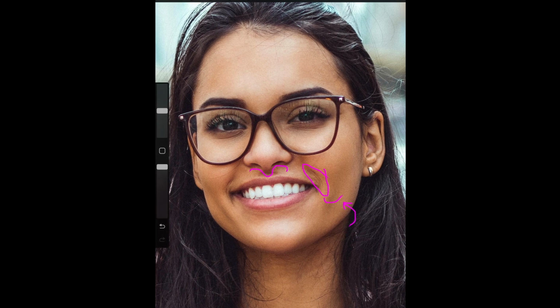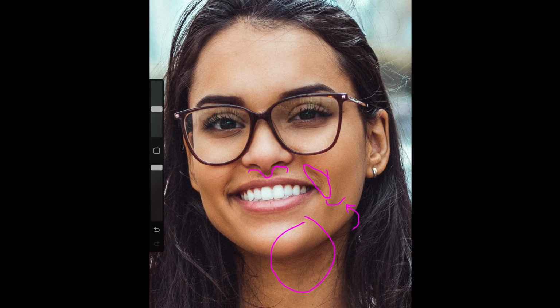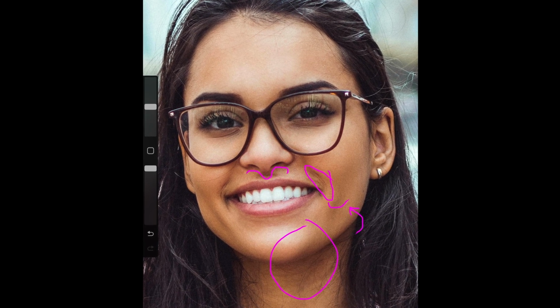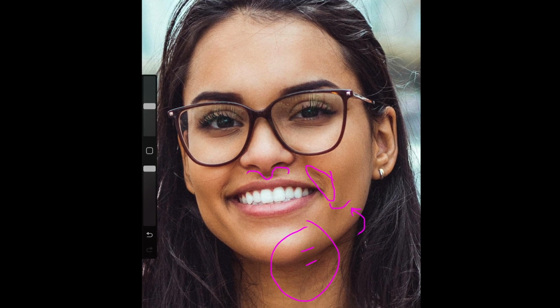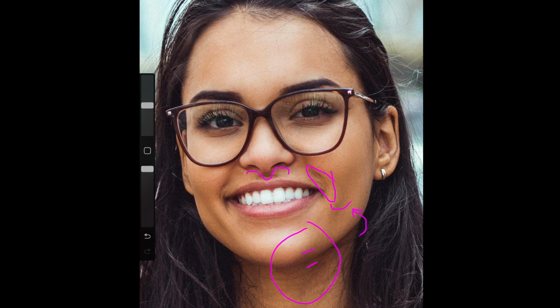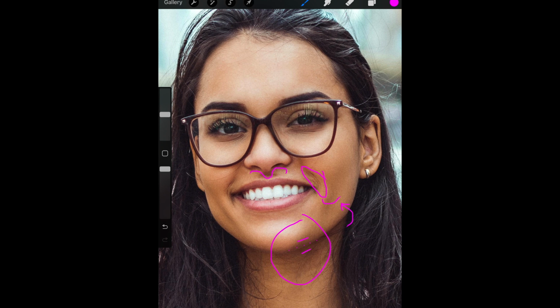Notice how right here the coloration between here and here is actually not very different. It's very subtle. You have this line going in between that is darker, indicating where the jawline actually is, but they're very, very similar.